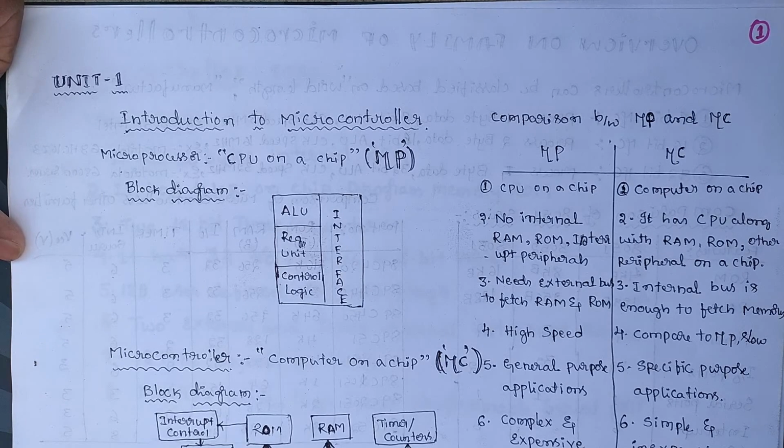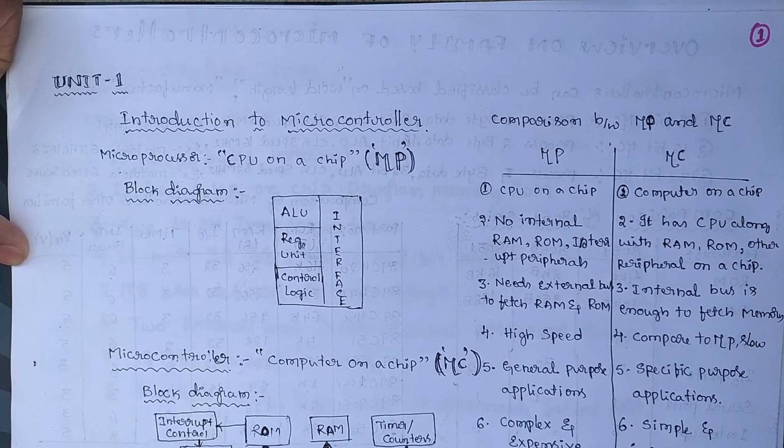The microprocessor is high speed because there are no internal peripherals, but the microcontroller has internal peripherals, so compared to microprocessor operation it is slower. The microprocessor can be applied for any general purpose application, but the microcontroller is applied only for specific purpose applications.